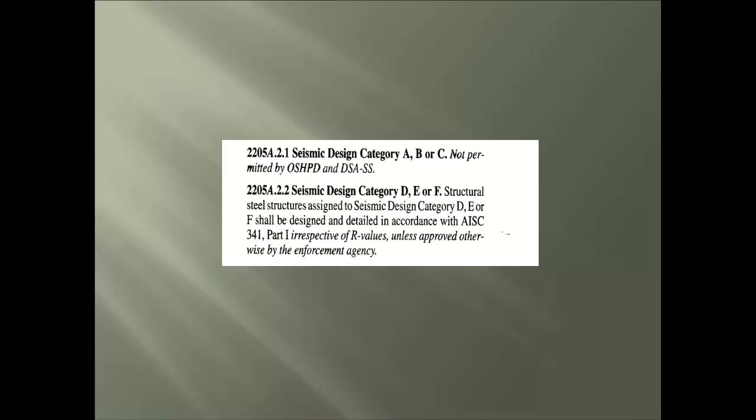Now in the newer codes, the language has been changed to categories A, B, C, D, E, and F, with A being the least and F being the most severe. And we see here that any structure calculated designs for categories A, B, or C are not allowed with DSA or OSHPD. And categories D, E, and F require specific accordance and approval before any fabrication or installation can take place.